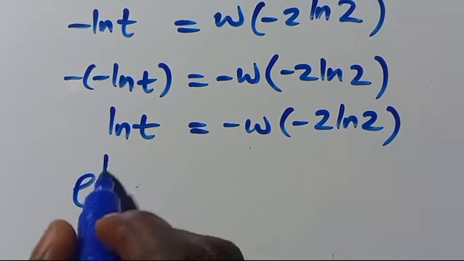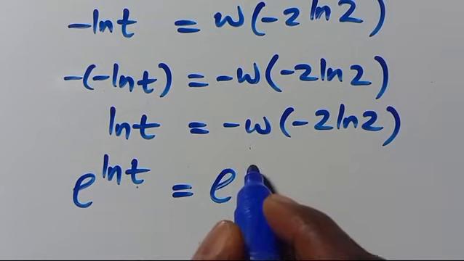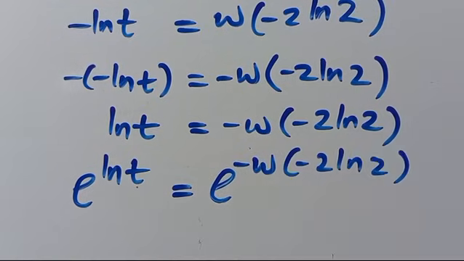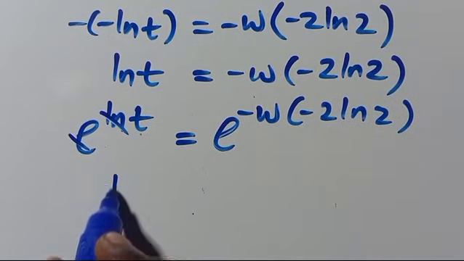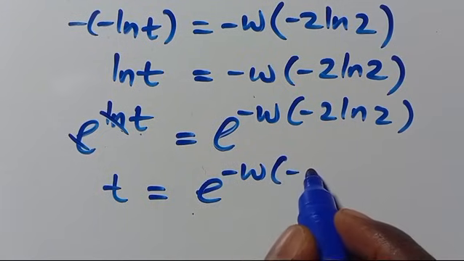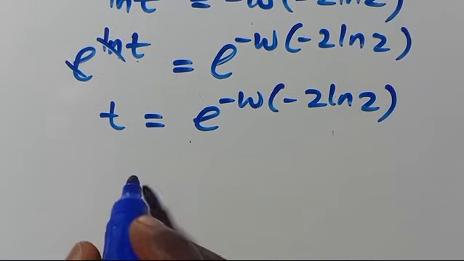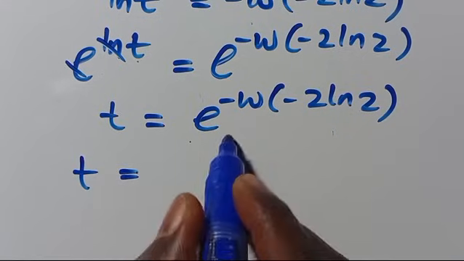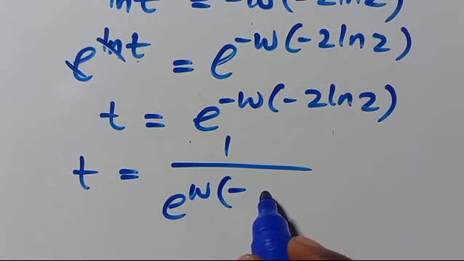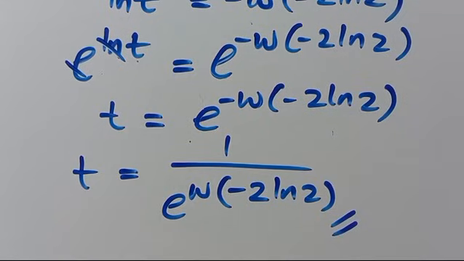So we have e to the power of ln of t equals e to the power of minus the W Lambert function of minus 2 ln of 2. You cancel out this, and we have t equals e to the power of minus W Lambert function of minus 2 ln of 2. At this junction, we can have t as 1 over e to the power of the W Lambert function of minus 2 ln of 2. And this is the final answer for the value of t.